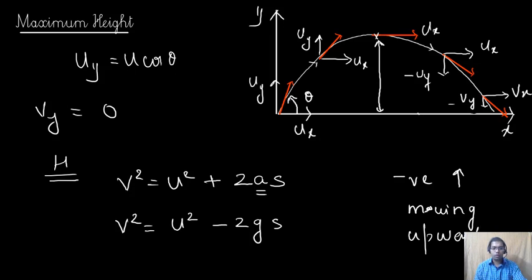So if I go ahead and substitute, we will make small changes. We will write this as vy square is equal to uy square minus 2g, height becomes h.